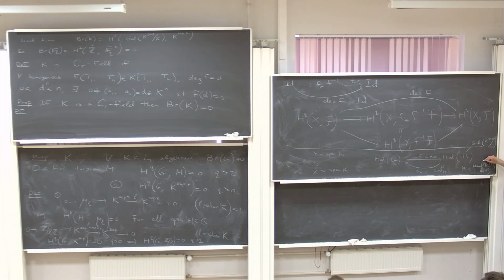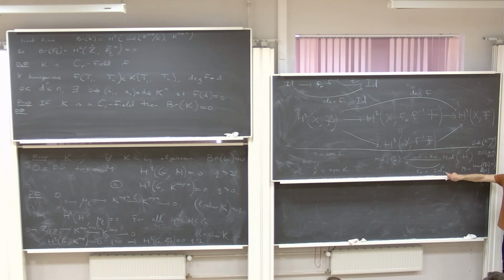Or you can take the tensor product, Z of G tensor M over Z of H. So whenever you have a group G and a subgroup H, there are two ways to construct a G module starting with an H module: either this construction or this construction.